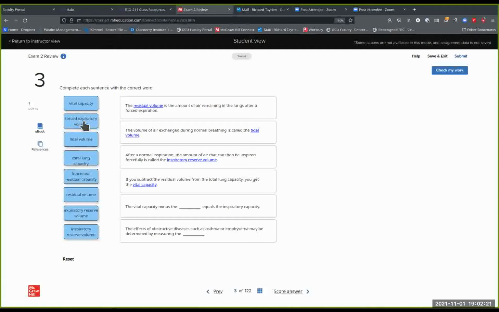That's what equals. Oh, inspiratory reserve volume. Is that right? It says inspiratory reserve volume.